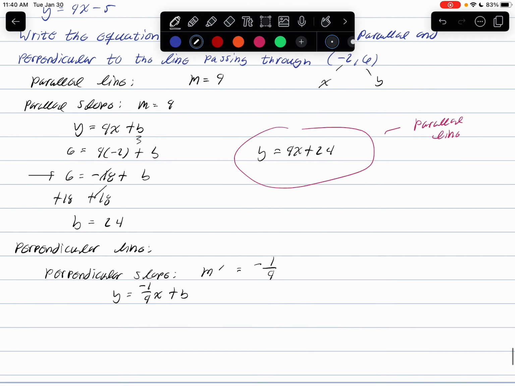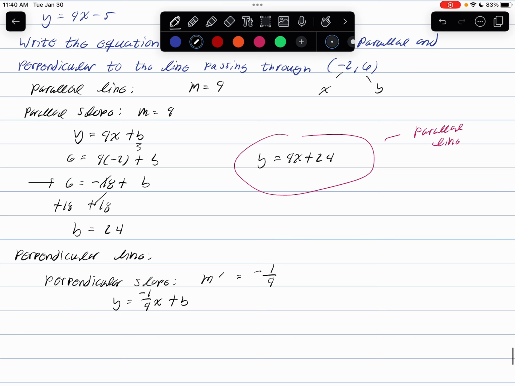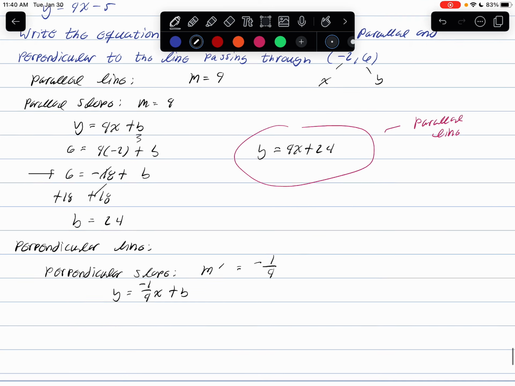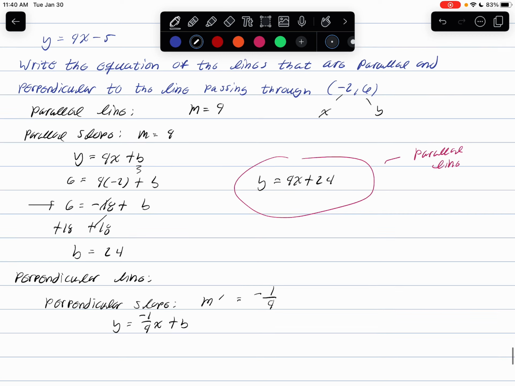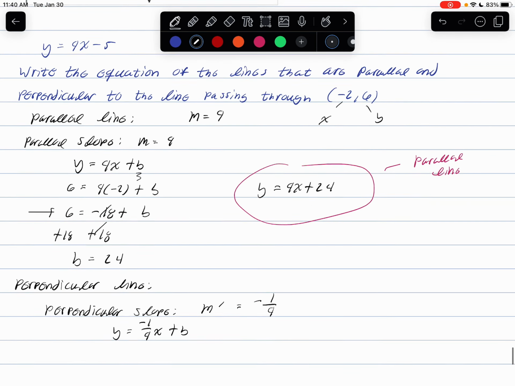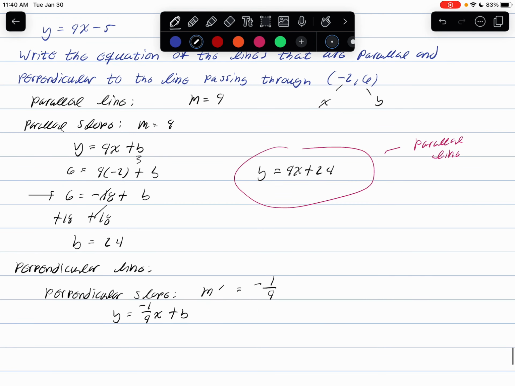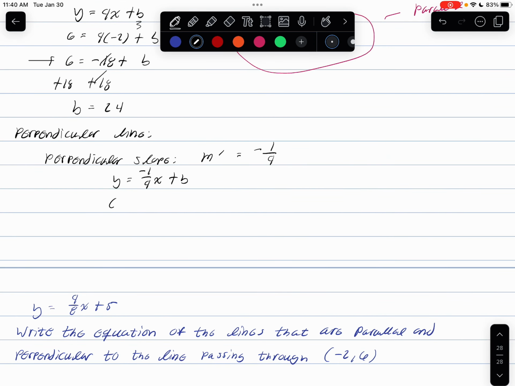Again, we also want it to pass through the point negative 2, 6. So we can go ahead and plug in negative 2, 6, just like we did previously. We'll replace our y value with 6 and our x value with negative 2. So we'll have 6 is equal to negative 1 over 9 times negative 2 plus b.